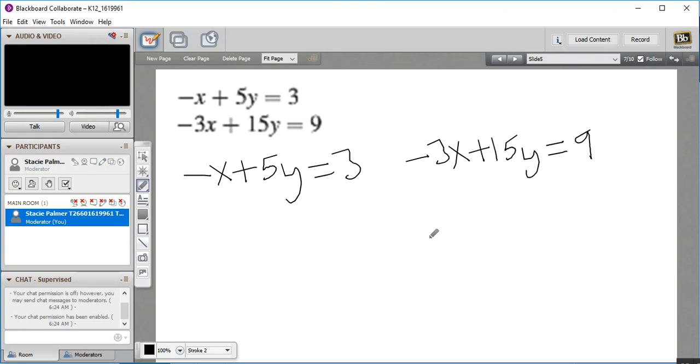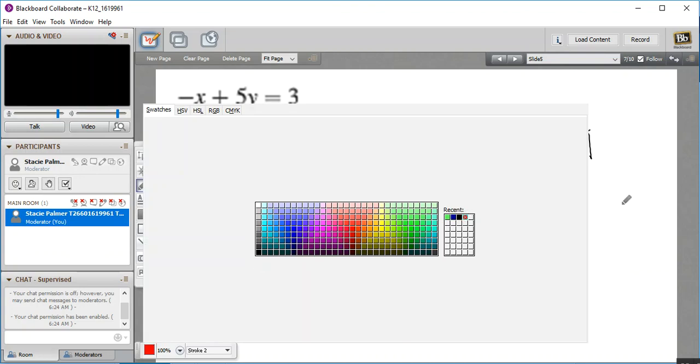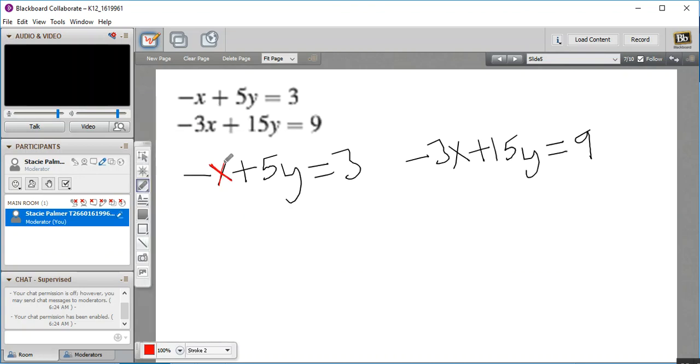If we want to use substitution to solve, we need to solve one of the equations for one of the variables. This one's not as easy as the other ones. I do think after looking at both of them, the easiest choice would probably be to get this x right here all by itself.